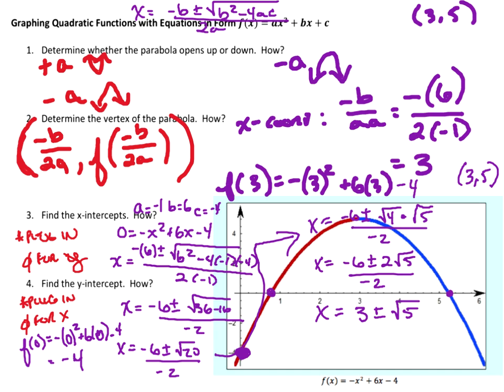The only difference with these two methods is how you get the vertex. In this particular method, you get the vertex by doing negative b over 2a and f of negative b over 2a. Other than that, the process is the exact same.